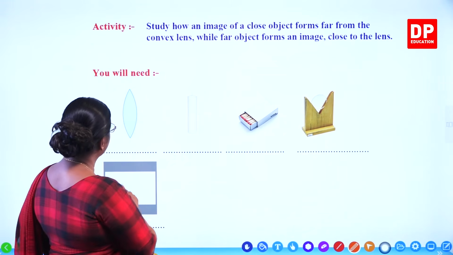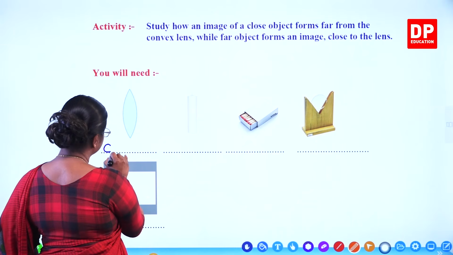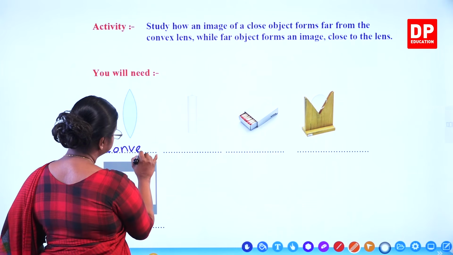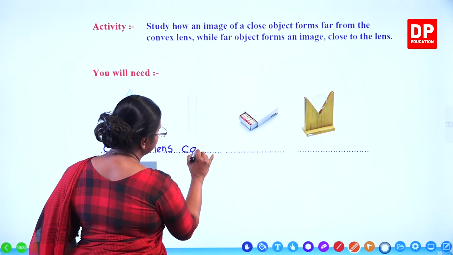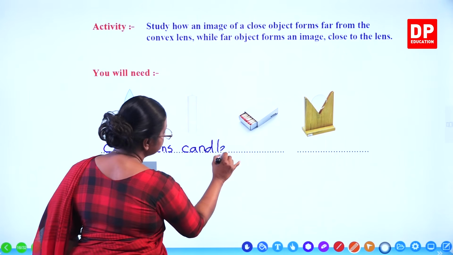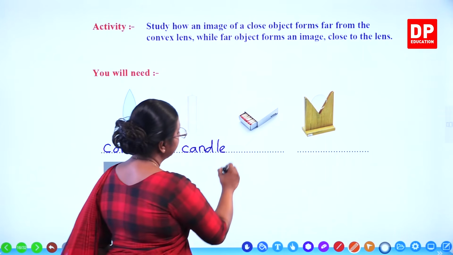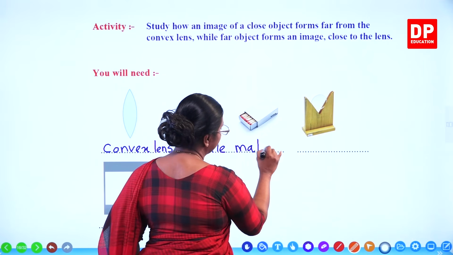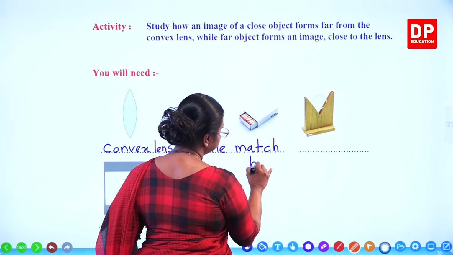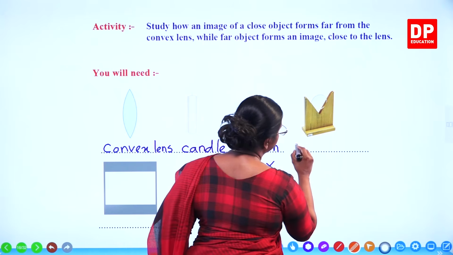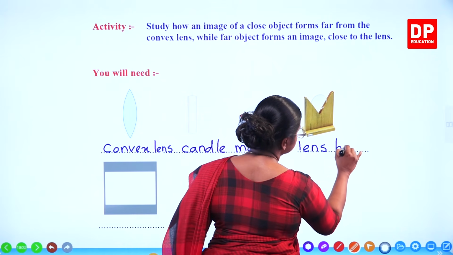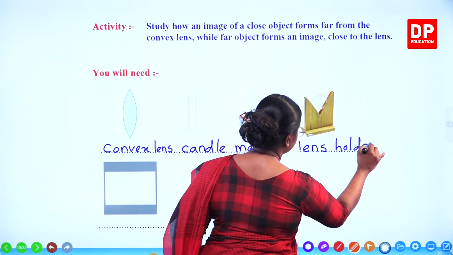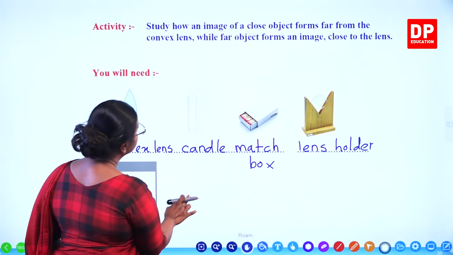To understand that, we need a convex lens. Then we need a candle that will act as the close object. Then we need a matchbox again to light the candle. We need a lens holder. And we need a screen.